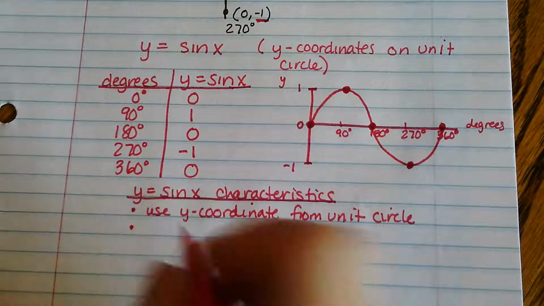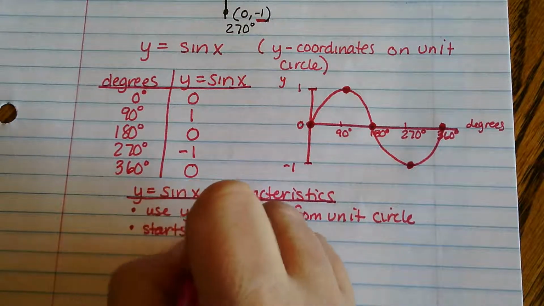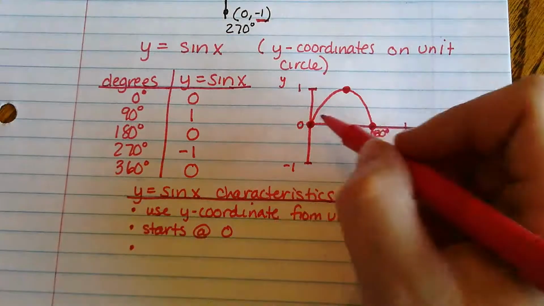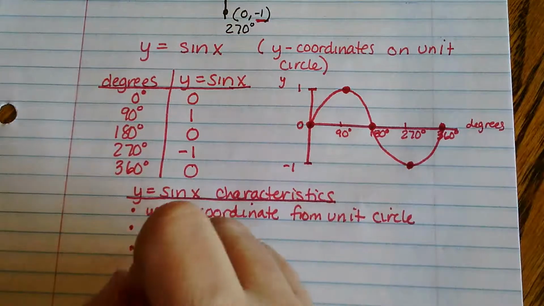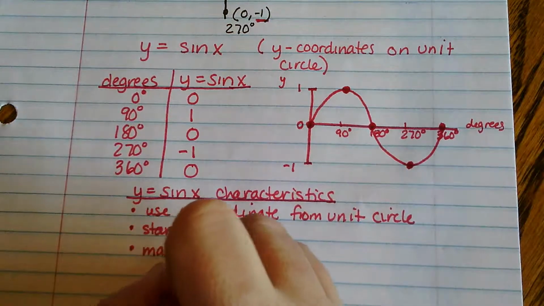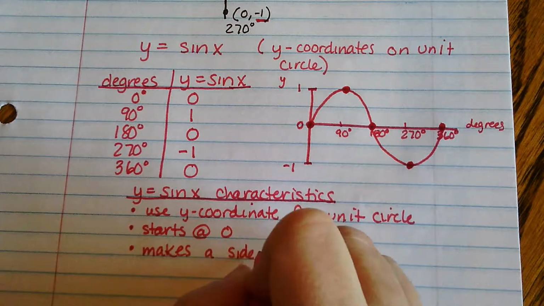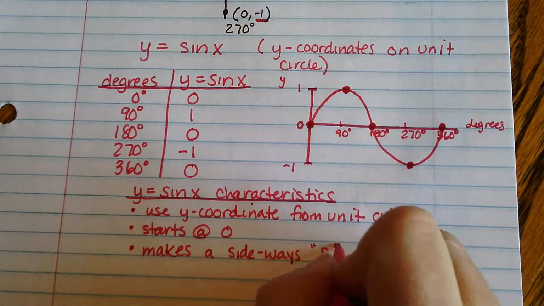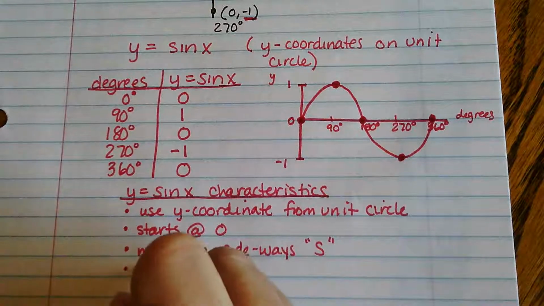The second thing is it starts at 0. The third thing you need to notice is that it makes a sideways S. And it's definitely a smooth curve.